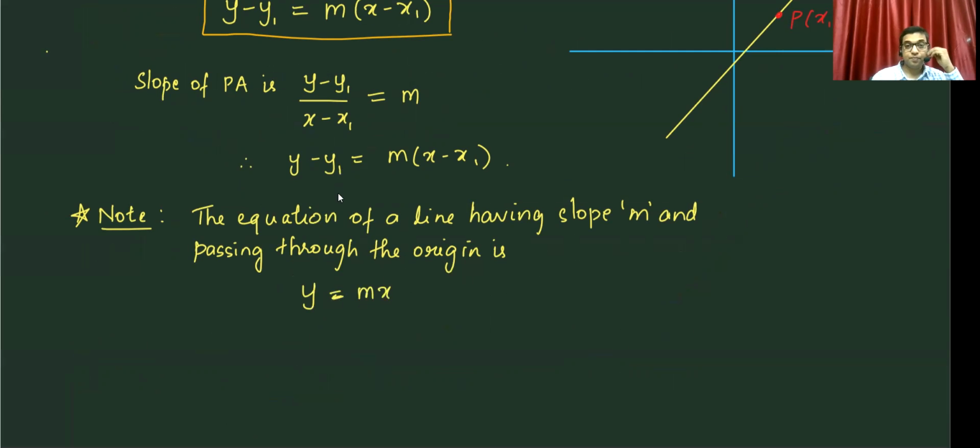You see here, y1 is 0, x1 is 0. So in the above line, if you substitute y1 as 0 and x1 as 0, you get y is equal to mx. Take down.